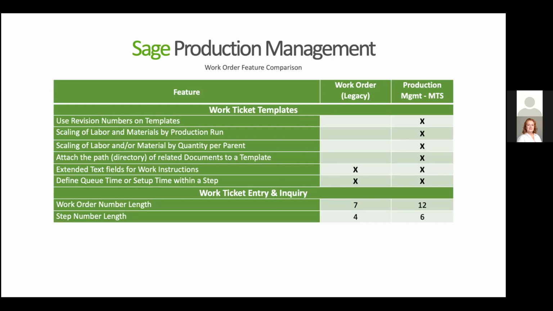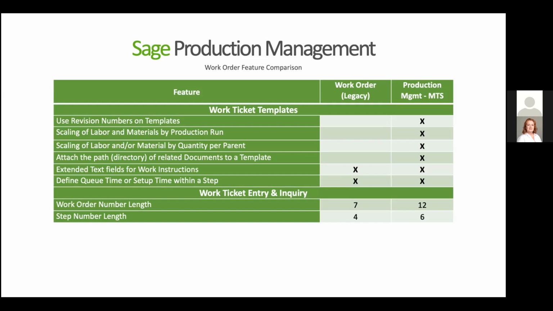We can scale labor and materials by production run or quantity per parent item. We can also attach a path for instructions, calculations, a document, or some sort of configuration. So a pathway for related documents.